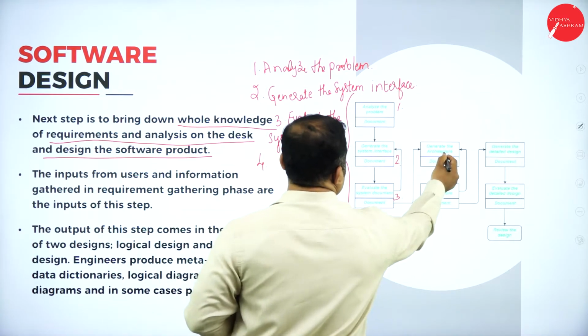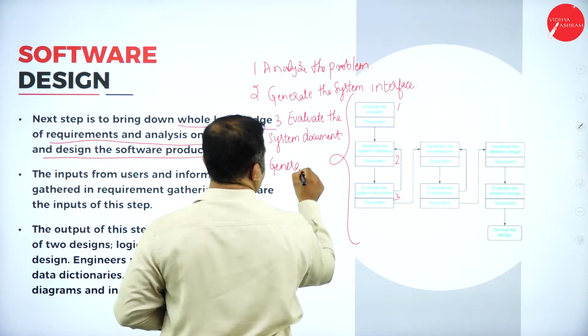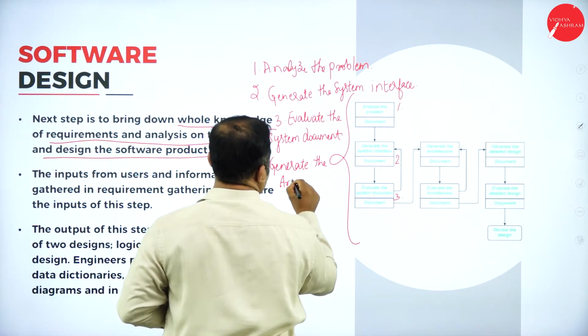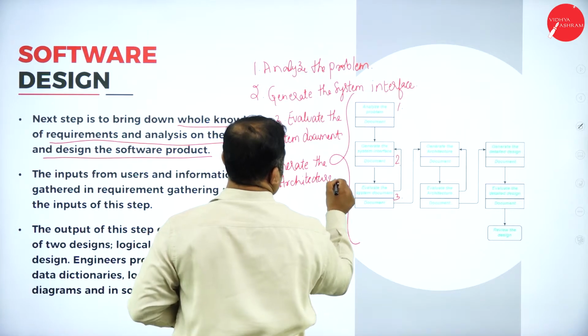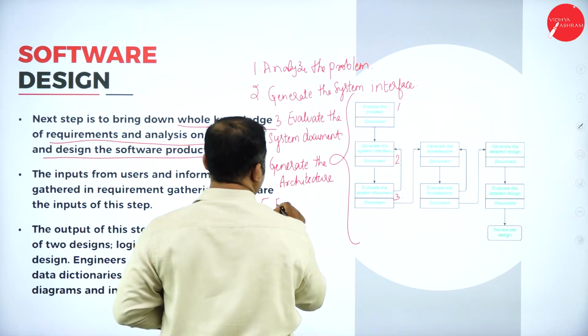Fourth one, generate the architecture. Fifth one, evaluate the architecture.